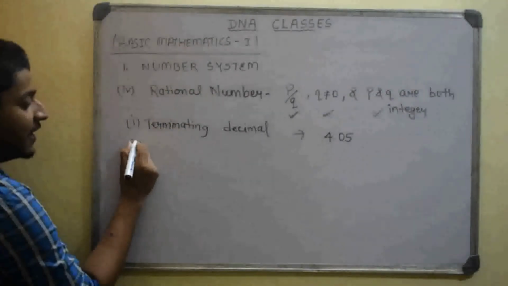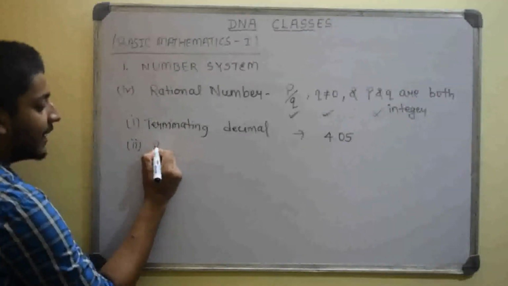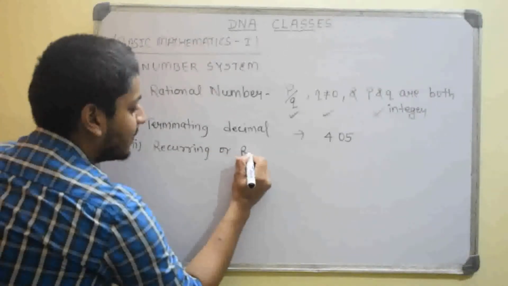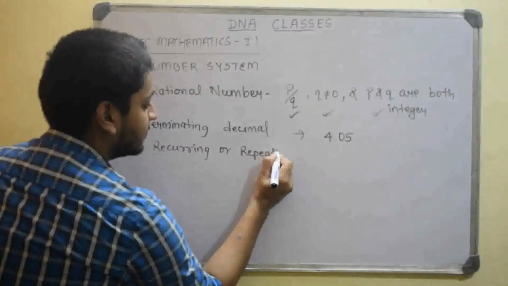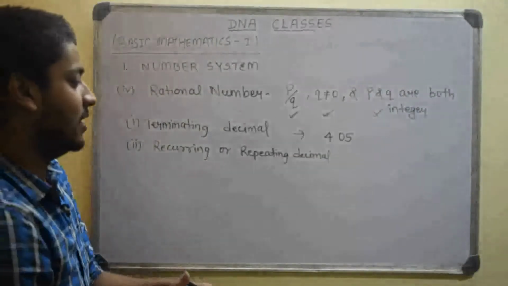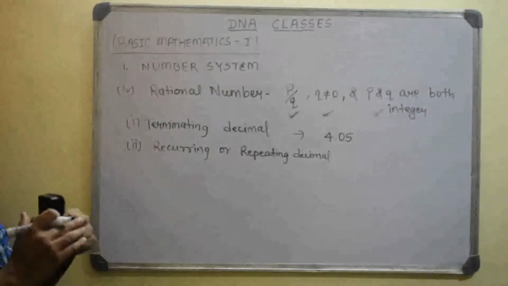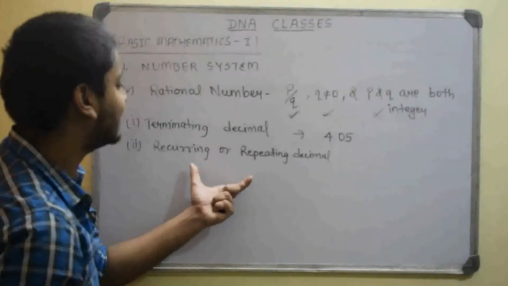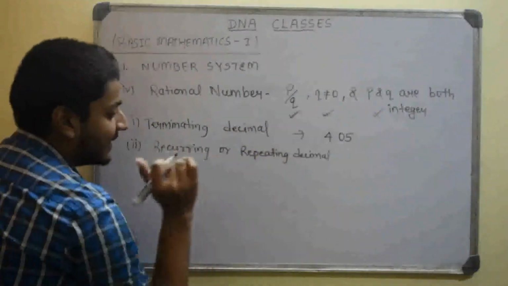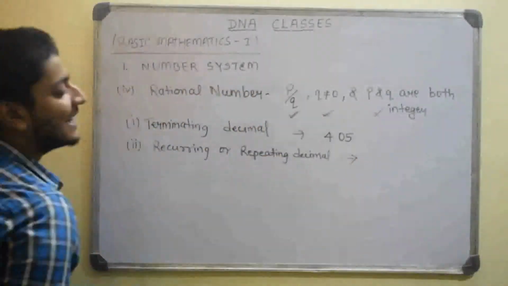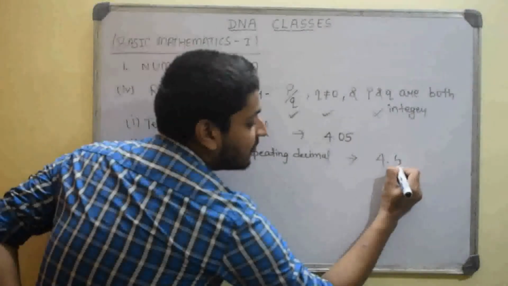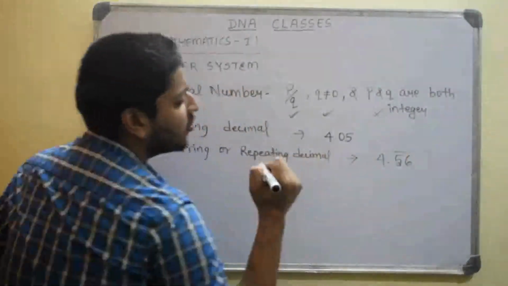Second, if the decimal is of recurring or repeating type, we will call such a decimal a rational number. We will deal with why in the real number topic which will come ahead. Let's take an example of a recurring or repeating decimal, 4.56 bar.